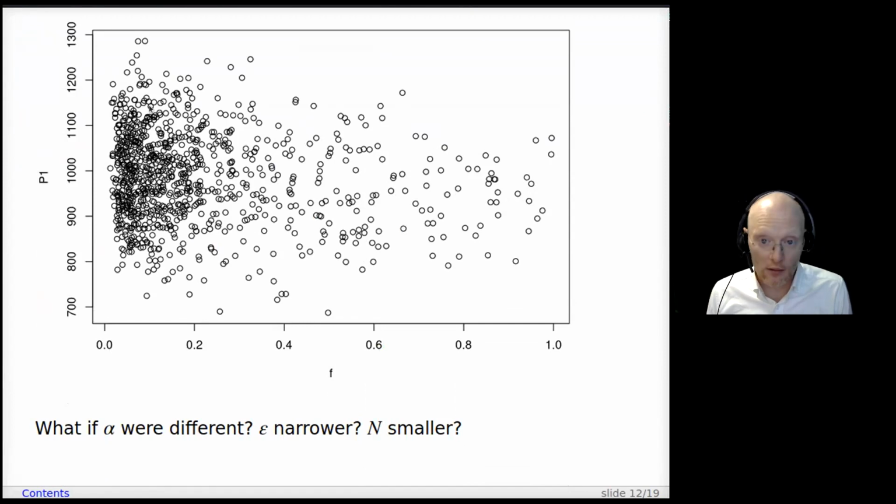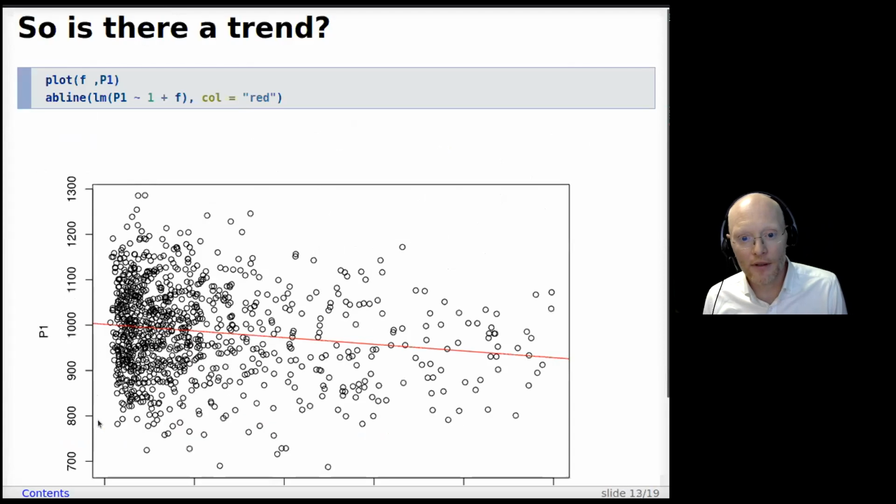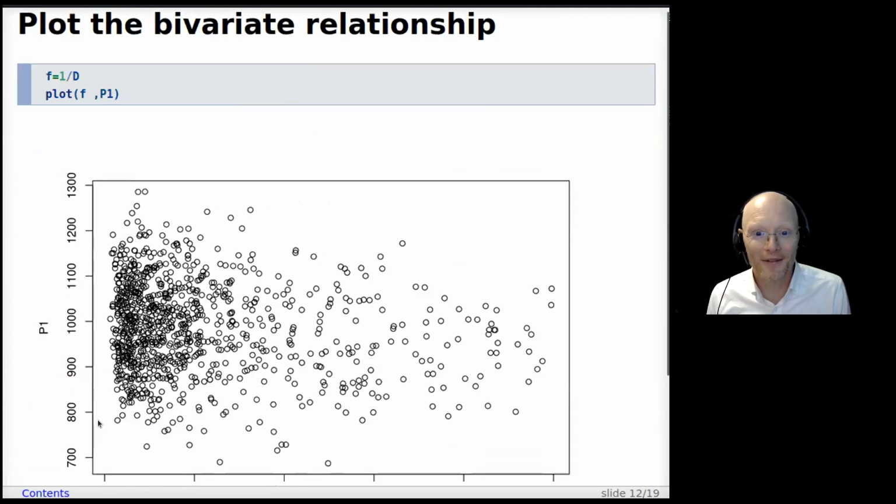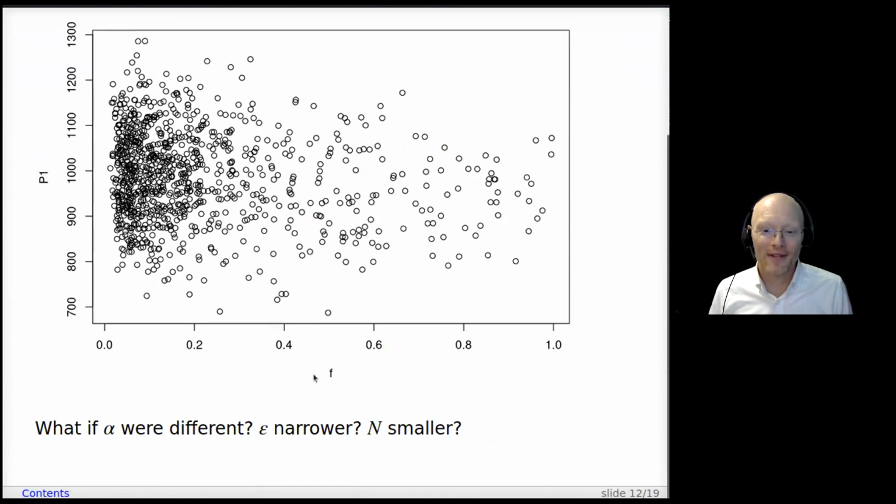Okay, but the thing we're after here is going to be to estimate the slope of a best fit line through these data. Okay, with that in mind, what happens if alpha is different? What happens if epsilon gets narrower, and what happens if our sample size is decreased? Go ahead and answer all of those.